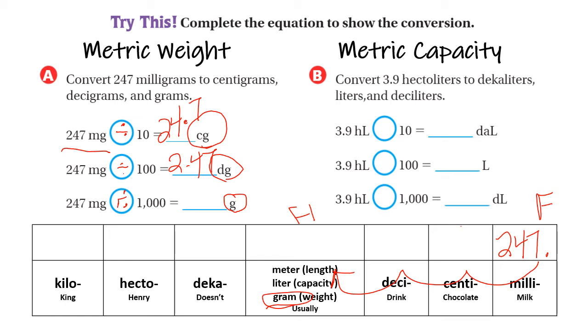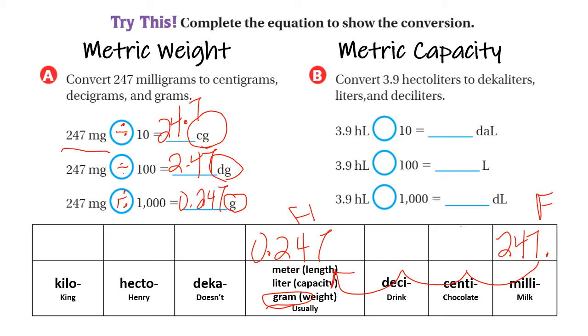So if we move our decimal point 3 times, it's going to land right here in front of the 2. So we'll have 0.247, and we should put a 0 placeholder in the front. So 0.247 grams. Do you notice every time we went to the left one more spot, we were dividing by another 10, another power of 10. First we divided by 10, then we divided by 100, and then we divided by 1,000.